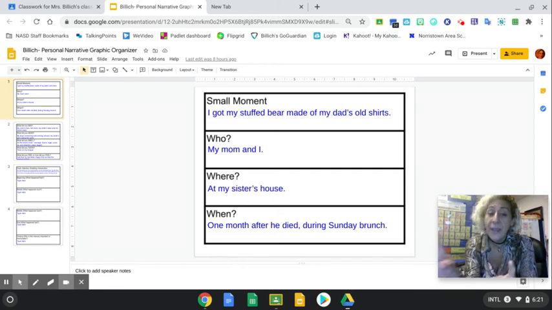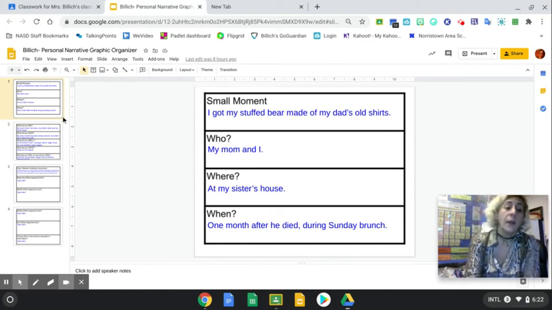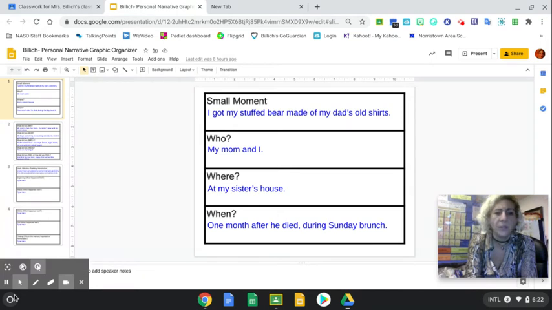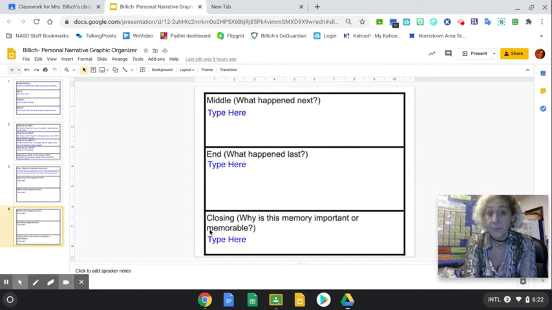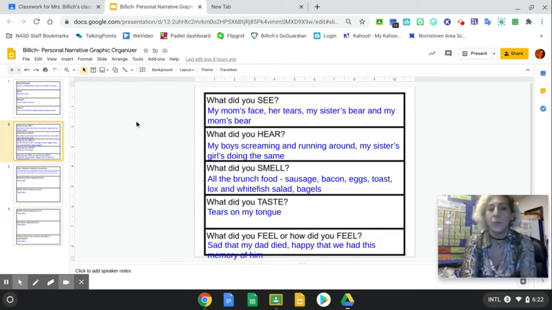The first page asks the who, where, and when about their object of comfort. And then the second page asks them details about their object of comfort. And it mostly goes by their sensory images. What did they smell when they got it? Or perhaps it was when they lost it or when something happened to it.